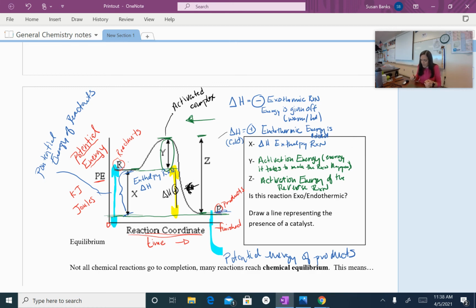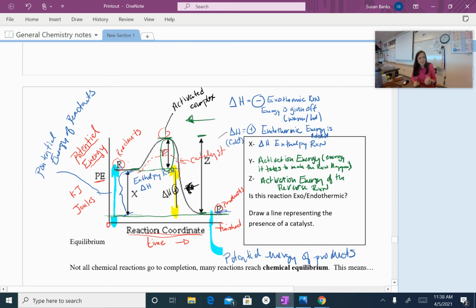So I'm going to put a catalyst pathway in a dotted red line here. I would still need to put in some extra energy, but this catalyst pathway, if you notice, is less energy than the uncatalyzed activated complex.